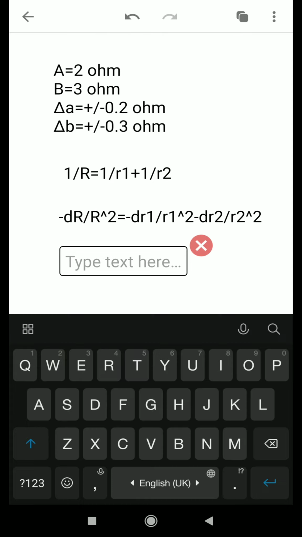From this we get the relation that del R by R square equals del R1 by R1 square plus del R2 by R2 square. Clear?